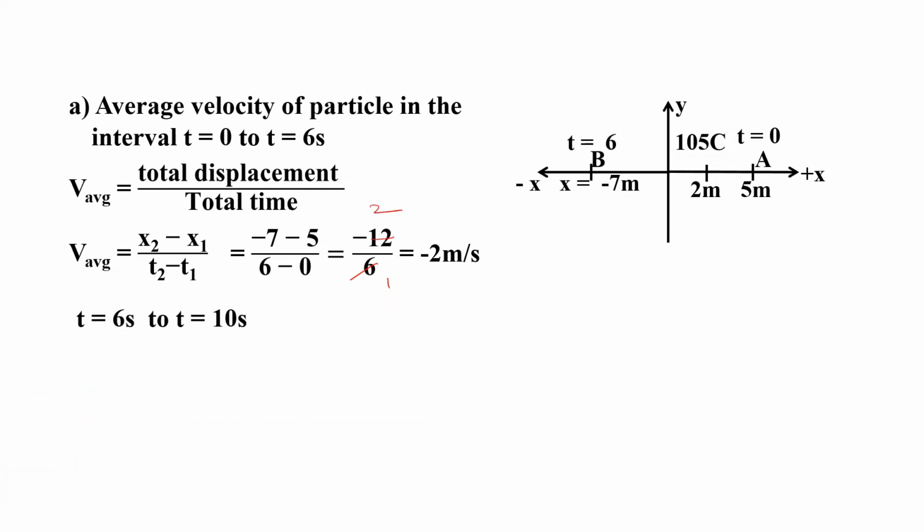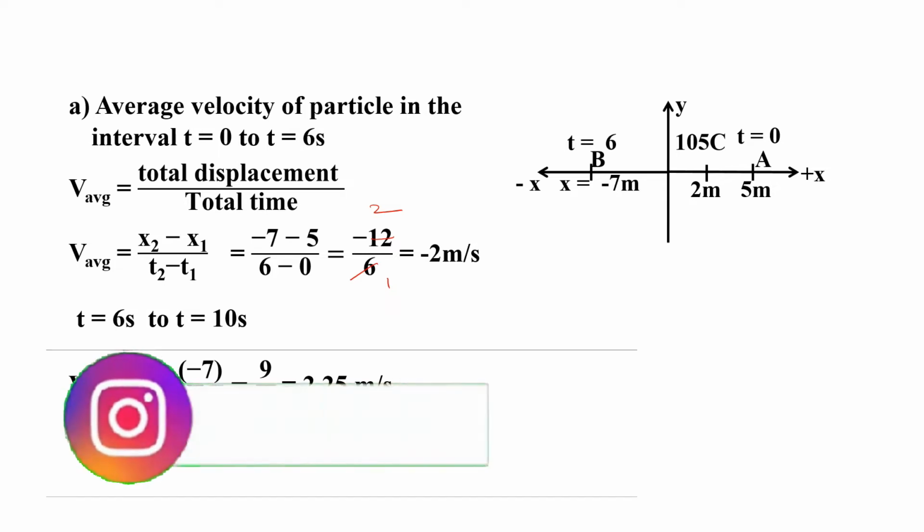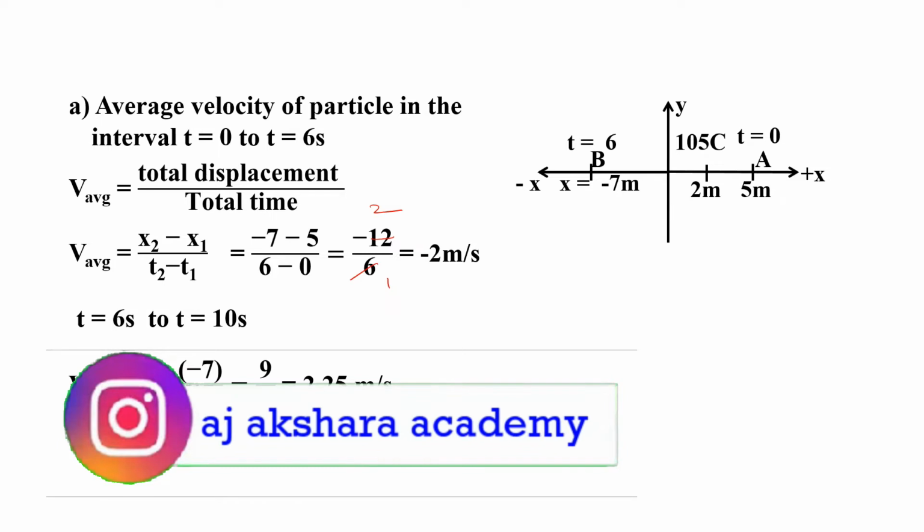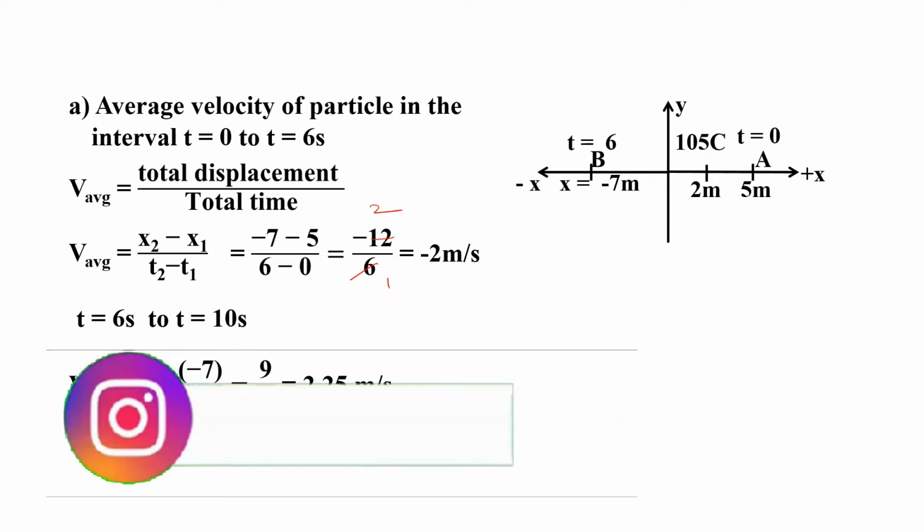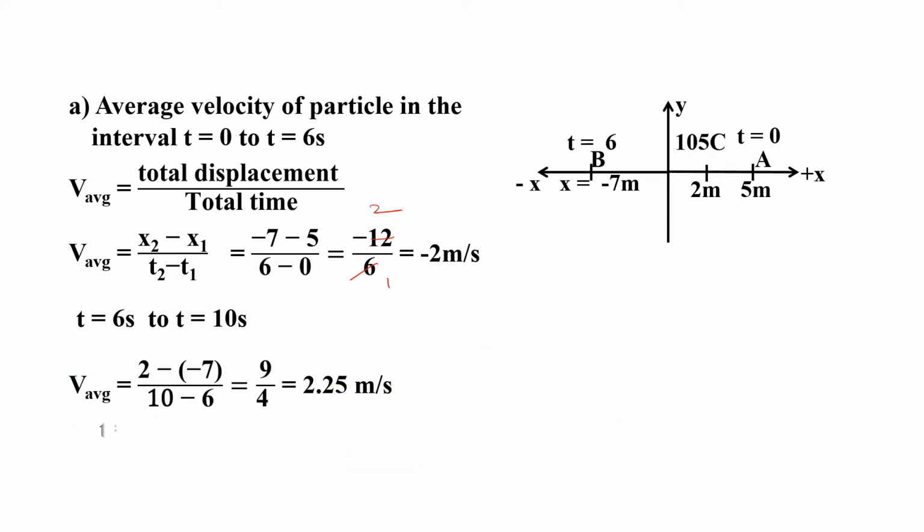Now next, t equals 6 seconds to t equals 10 seconds. Average velocity equals 2 minus of minus 7, that is x2 minus x1 by t2 minus t1. Minus of minus is plus, 7 plus 2 is 9, 10 minus 6 is 4, 9 by 4 is 2.25 meters per second. Next, the last one, t equals 10 seconds.